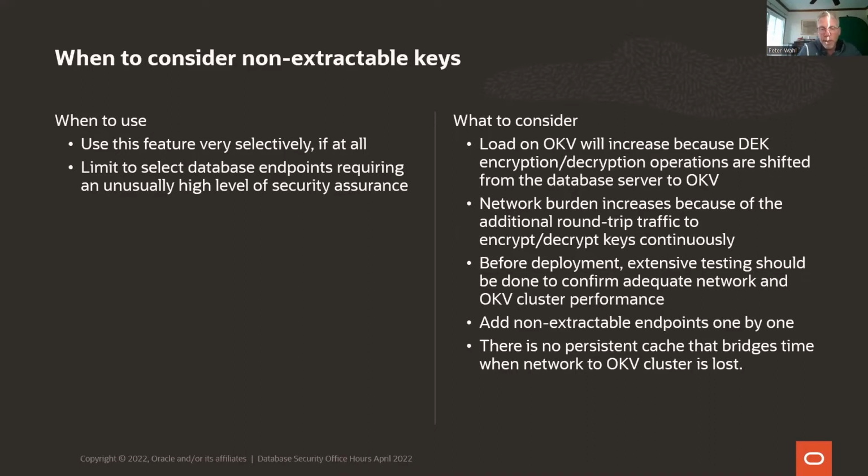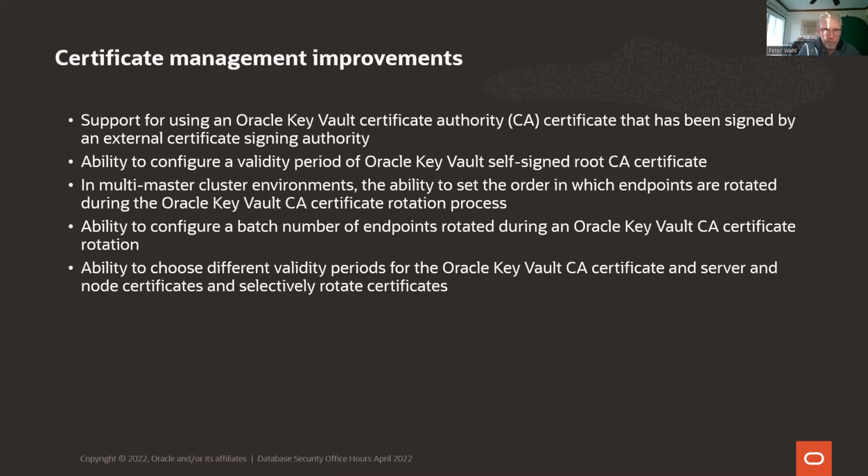So OKV can disappear from the network for 24 hours and your databases wouldn't even notice. If you have non-extractable keys, your databases will notice that OKV disappeared from the network. So you want to be careful doing it, but we had customers who asked us for this feature, so we built it.